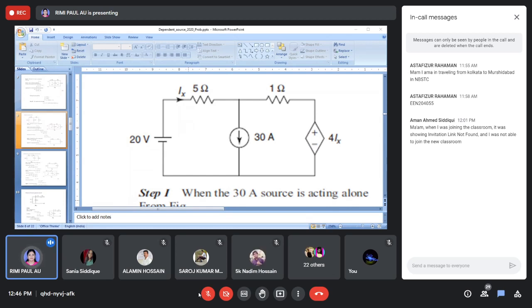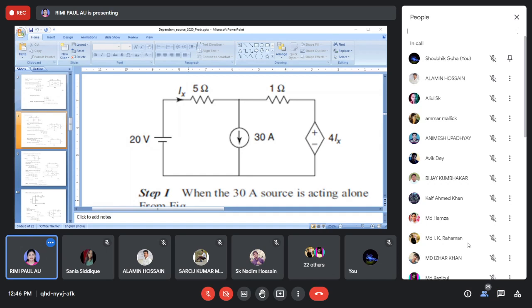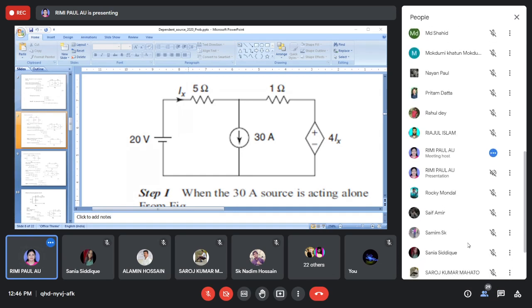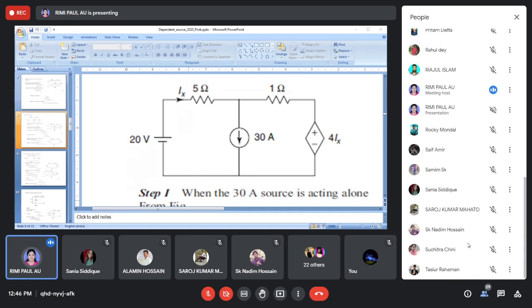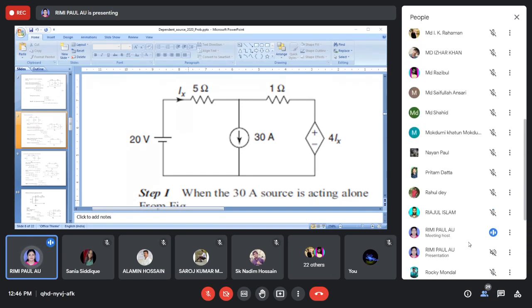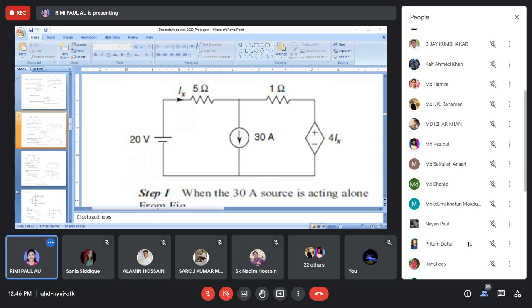The roll number 16, 17, 19 এরা আছে? 34, 35, 47 কেউ আছে?